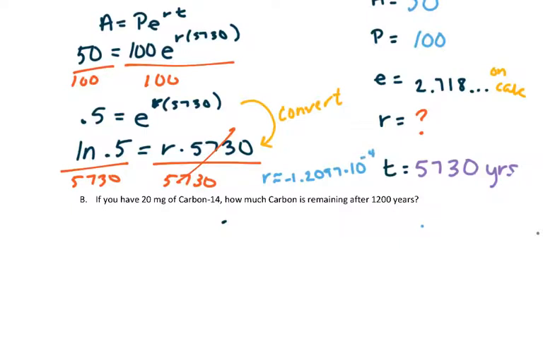Okay, what that tells you is that this is the same thing as negative 0.000122097. Okay, it's as if you were to move that decimal place 4 places.